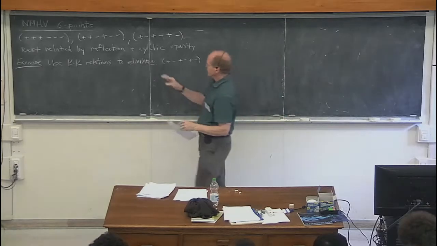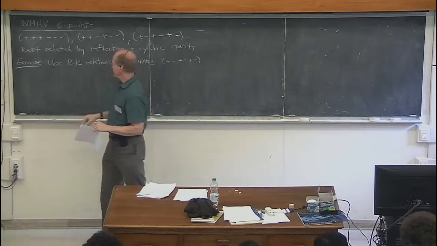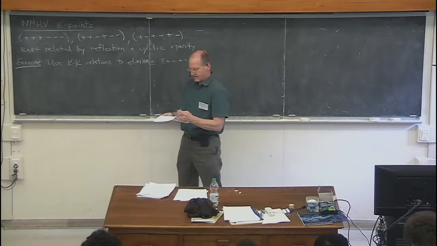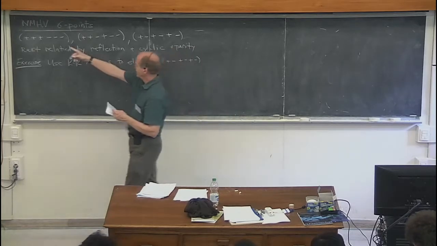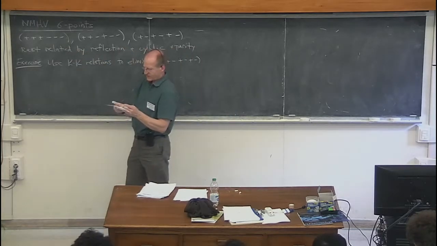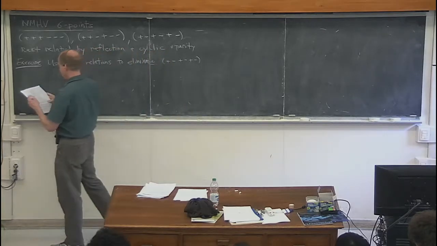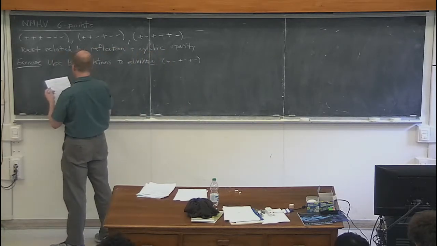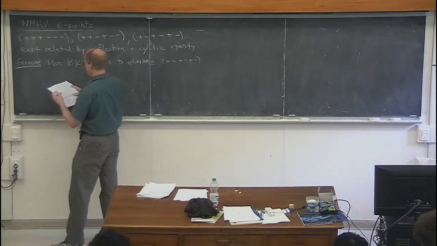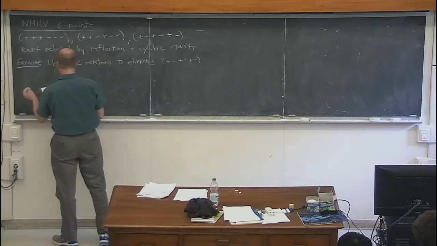So there's really only 2 of these that you need to compute, and this is the simplest one, so of course that's the one I will do. I will actually do it tomorrow since we're now past 1 o'clock. But let me just draw the diagrams, and then we'll get back to it tomorrow.